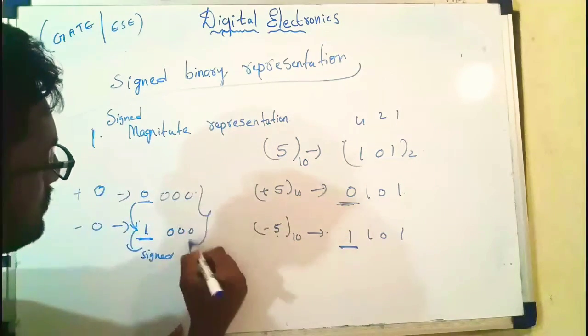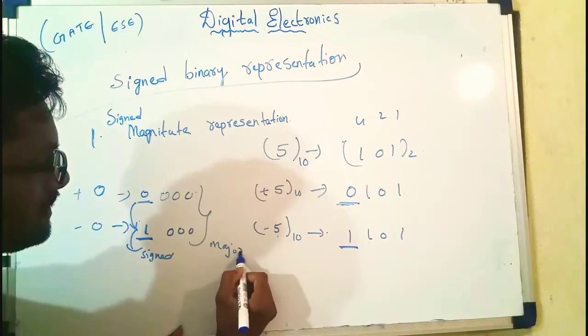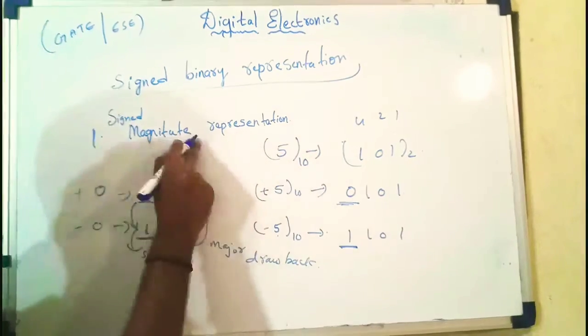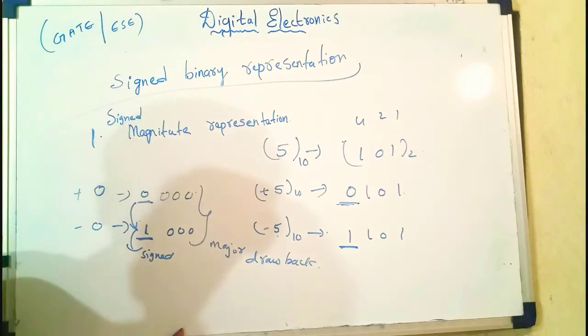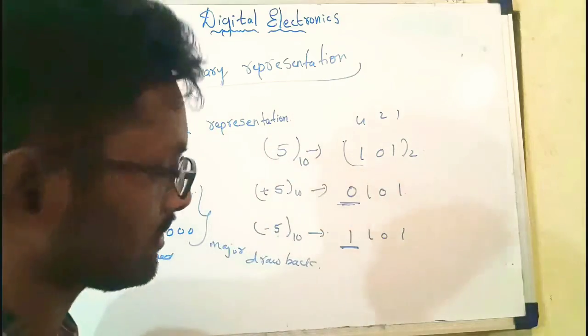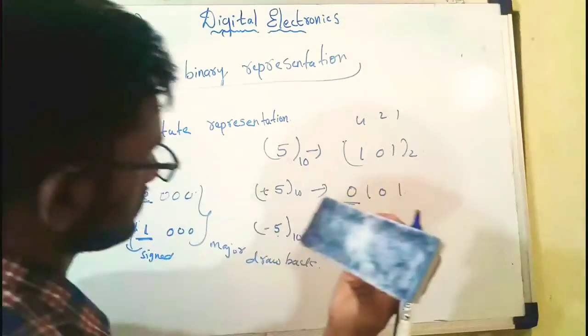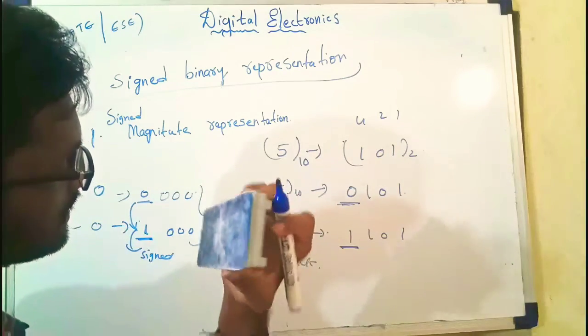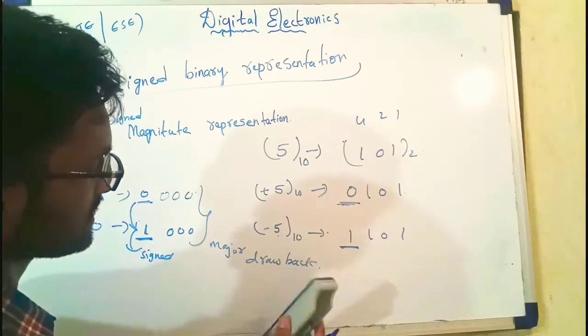This is the major drawback in signed magnitude representation. Because for 0 there are two representations, but according to us 0 is neither positive nor negative, so definitely we should get only one representation. This will be overcome in next representations.